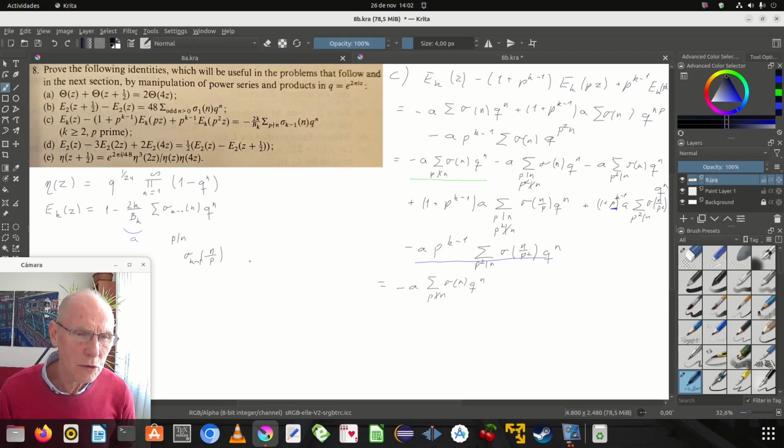We get those, and then sigma k minus 1 of n contains those to k minus 1 plus the 1 times p raised to k minus 1. So that means that this equals 1 plus p to k minus 1.